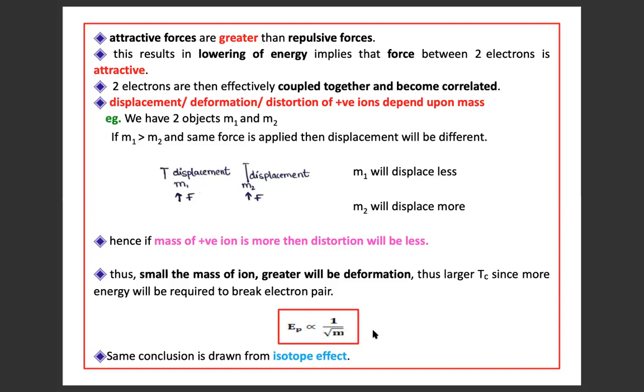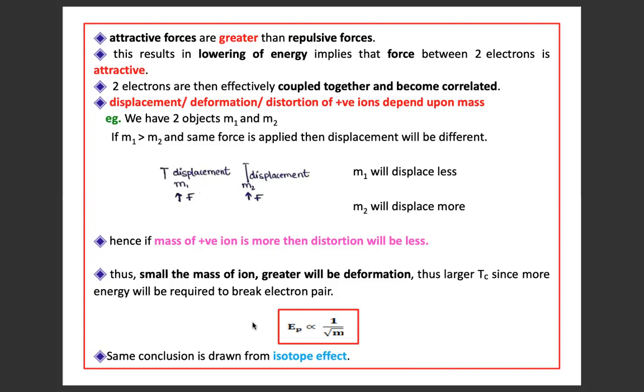If the mass of the ion is larger, then the deformation will be smaller and a smaller Tc will be required to break the electron pair. If you remember, the same conclusion is drawn from the isotope effect. The isotope effect states that if the critical or transition temperature increases, then the isotopic mass decreases.